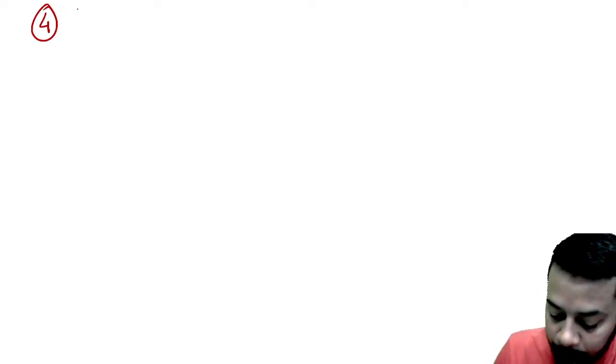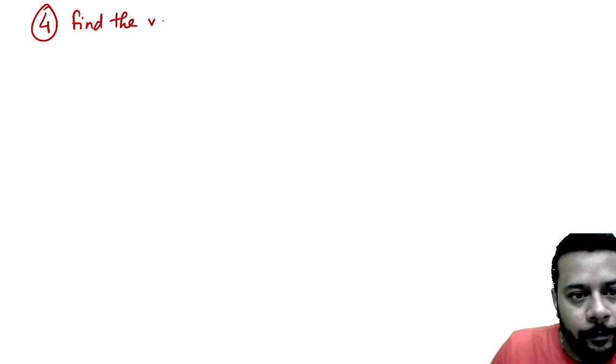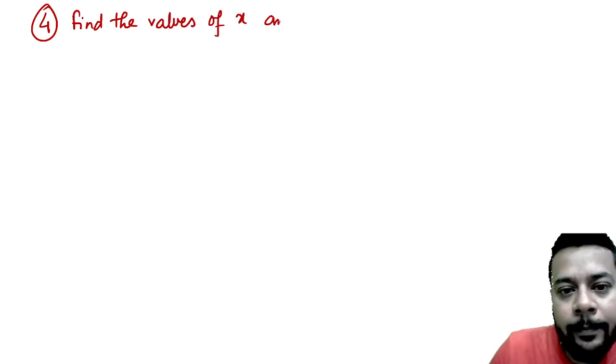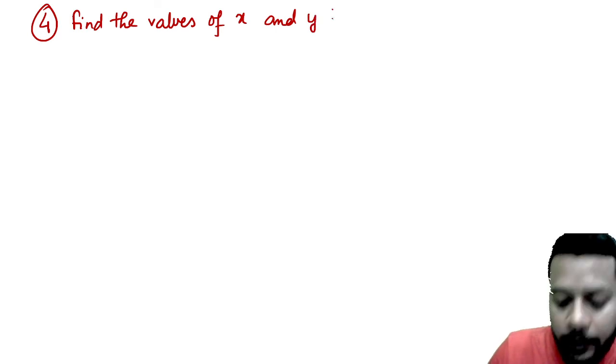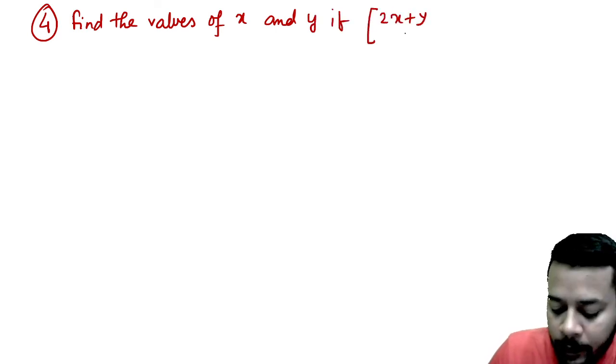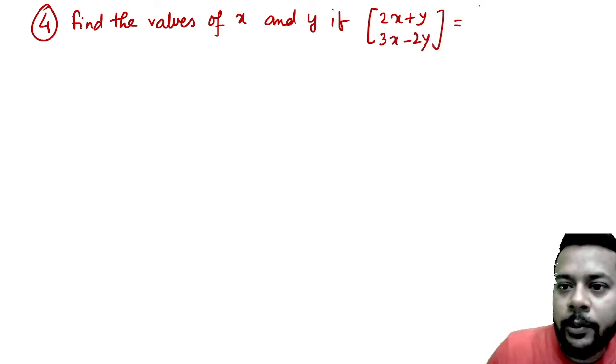Sorry. Moving to the next question, that is number 4. You have been told to find the values of x and y if the matrix with entries 2x plus y, 3x minus 2y is equal to 5, 4.